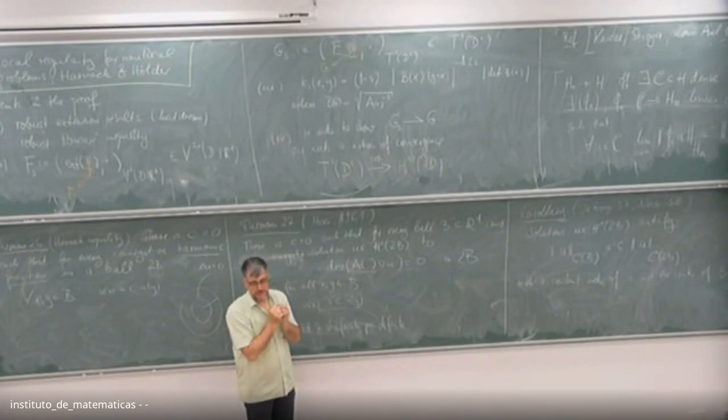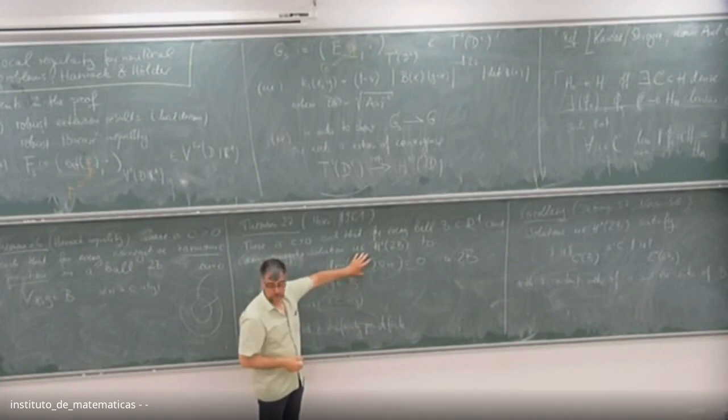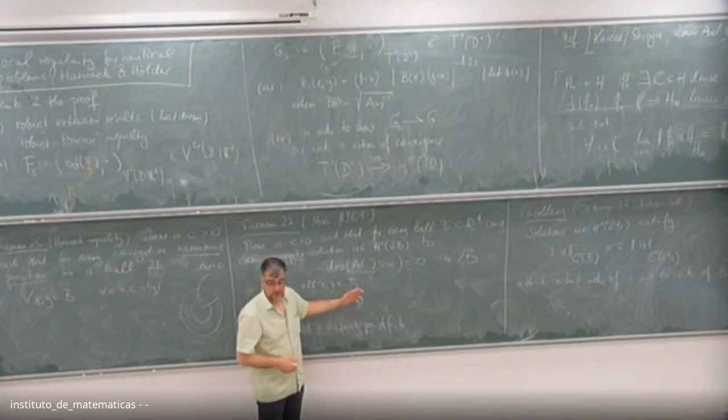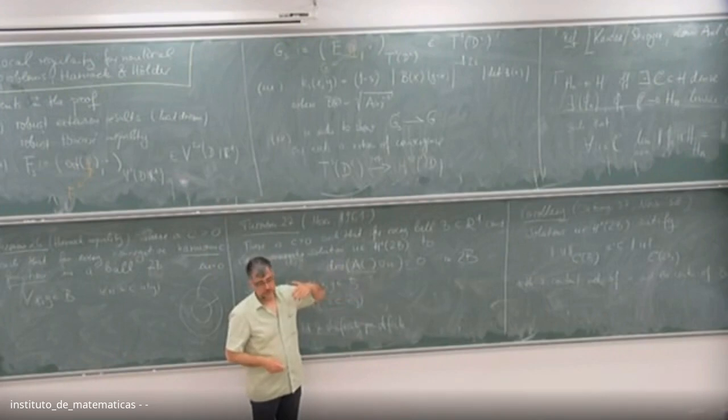Even if you enter coefficients in a very complicated way, you're lucky if this object is still uniformly positive definite, and you still have that result.